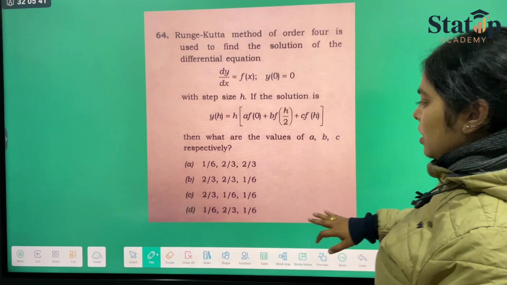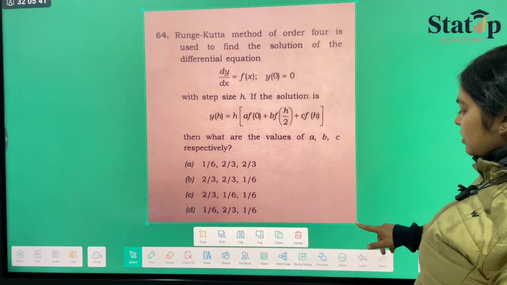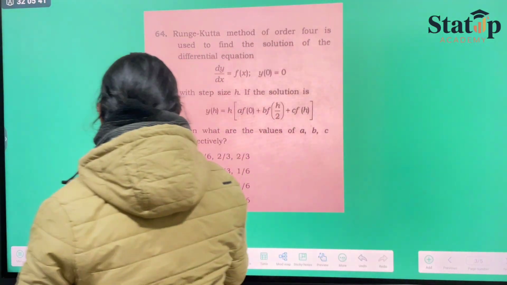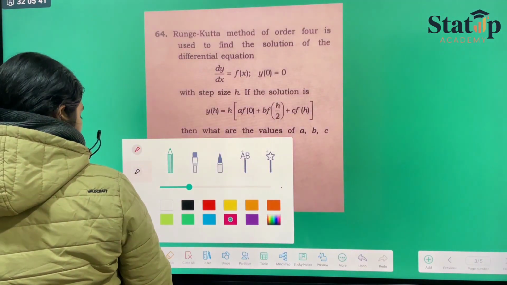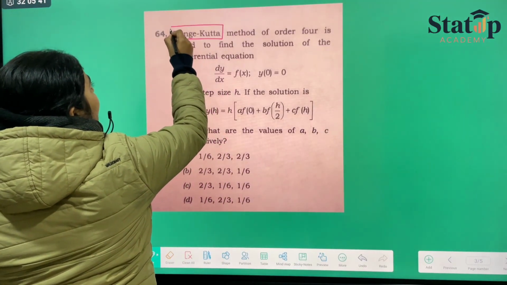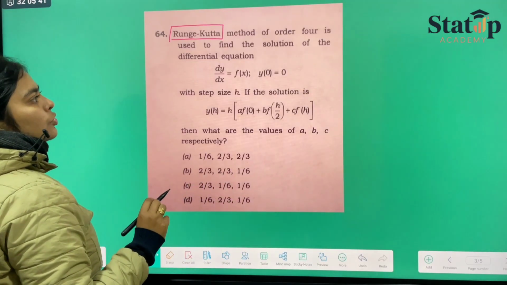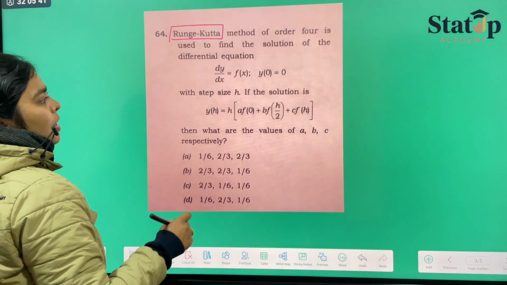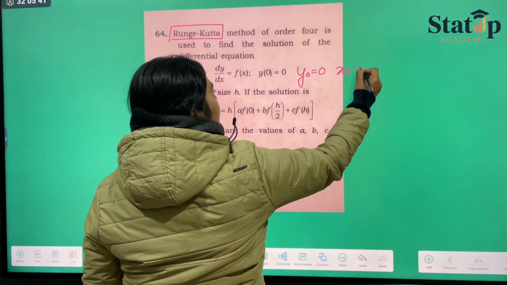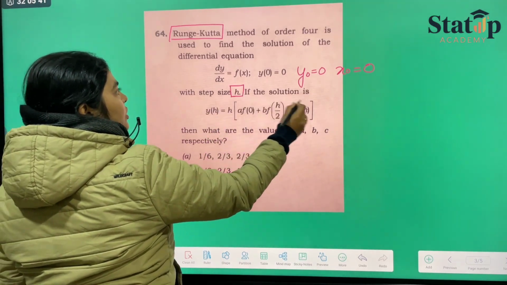So let us see this question. If you've noted it down, then let us take it here only. When we notice the Runge-Kutta method here, first it has been given to us that it is a Runge-Kutta method of order 4, used to find the solution of a differential equation, where y0 has been given as 0 and x0 is also given as 0, with step size h given.